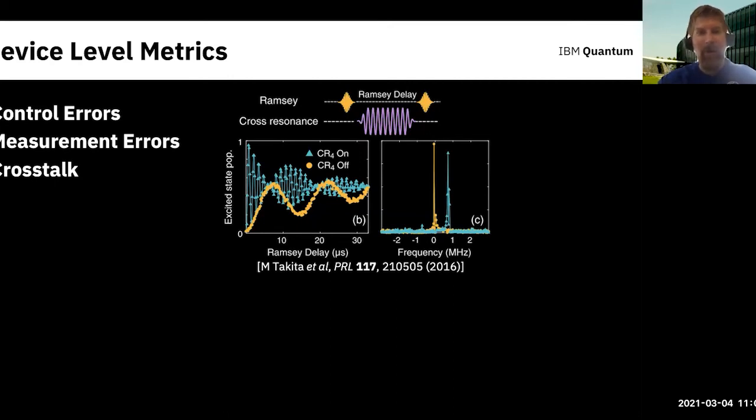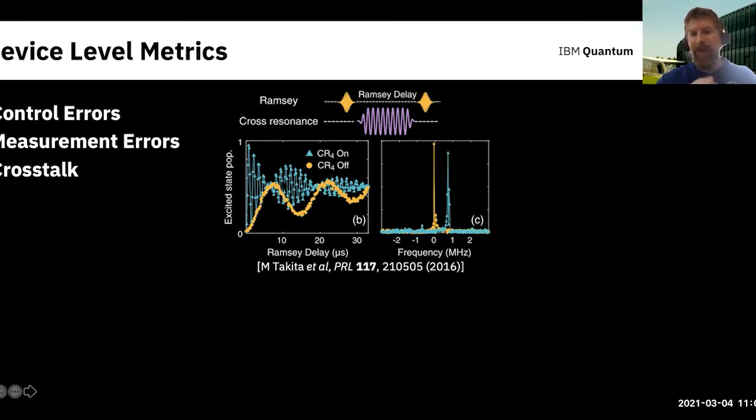One of these experiments considers the cross-resonance gate, depending on whether the spectator or neighboring qubit is in the 0 or 1 state. We see that the excited state of that neighbor in the 1 state can shift the frequency of the qubit we're trying to operate on by about 1 megahertz in this example, which is quite a bit.